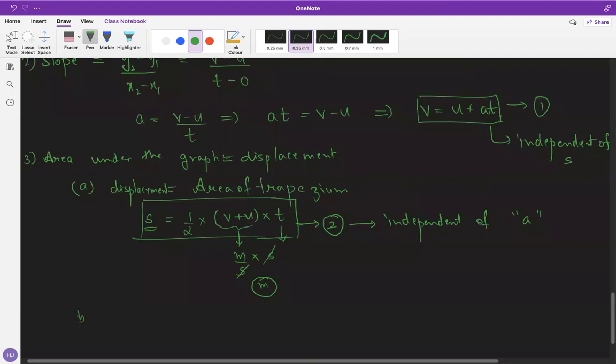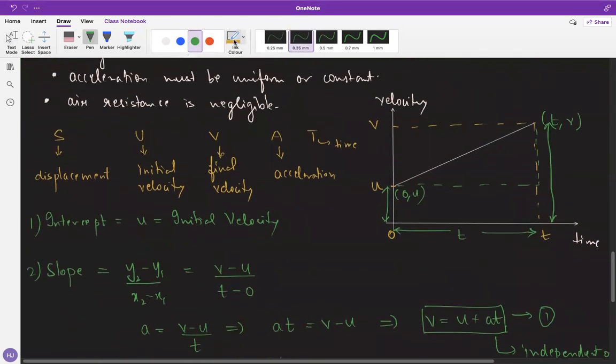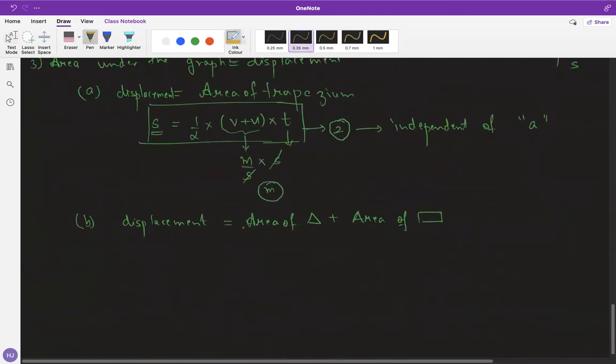Likewise, we're going to derive one more equation by considering that displacement can also be equal to the area of a triangle plus the area of a rectangle. We see very clearly there's a rectangle formation under the same area, and we have a triangle shape also. So we can write the area of the triangle as half into base into height, plus length into breadth.